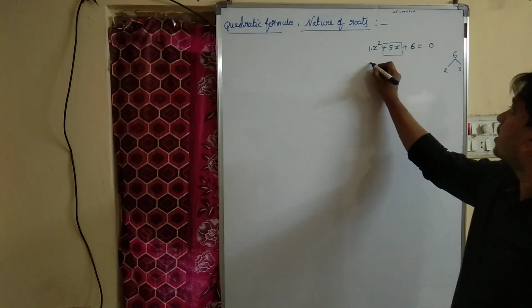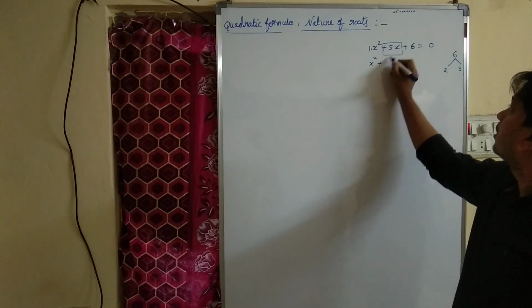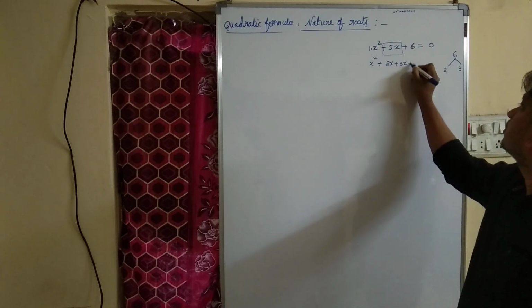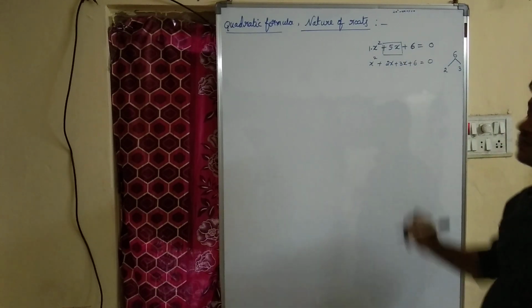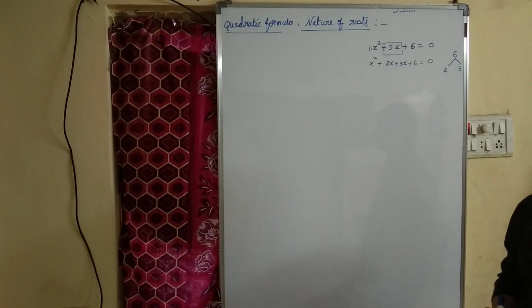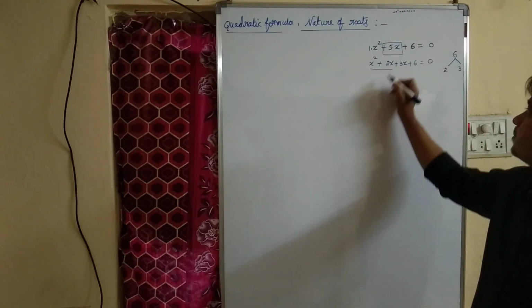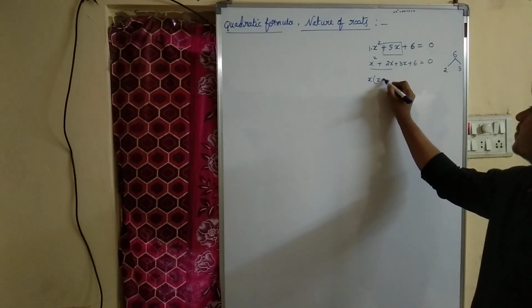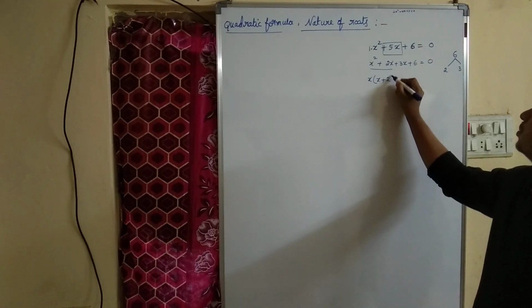Right? So this we can write as x square, and 5x I can write as 2x plus 3x, plus 6 equal to 0. Right? So from these two terms, if I take x as common, x into x square plus x into 2, 2x.